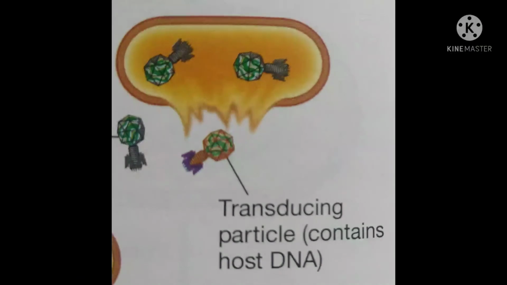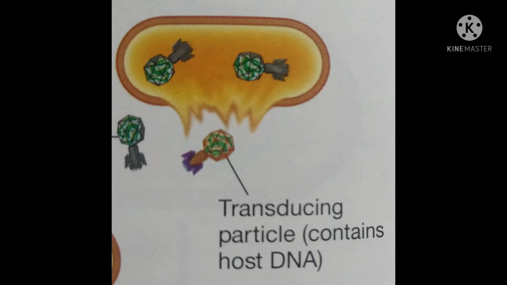Whenever the mature viral progenies were synthesized, they were released out of the cell by cell lysis. This type of bacteriophage life cycle is known as the lytic cycle. In the lytic cycle, phage particles are released by host cell lysis. You can see that two types of progenies were released.